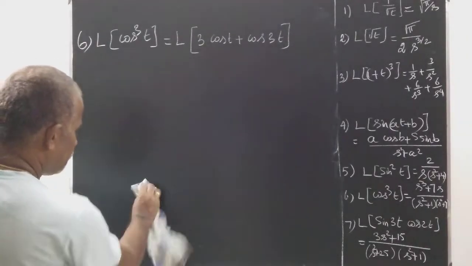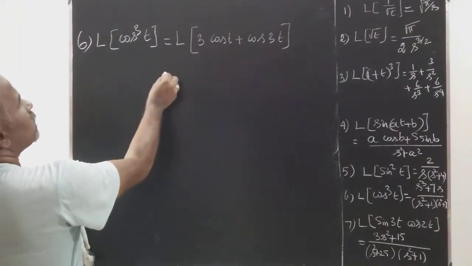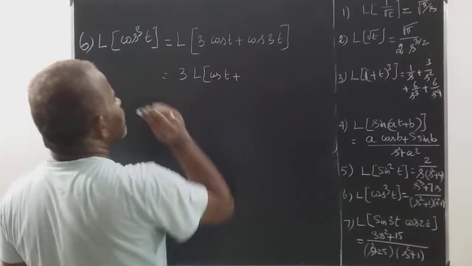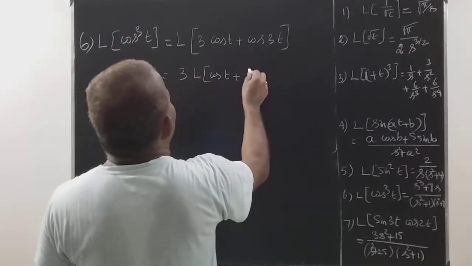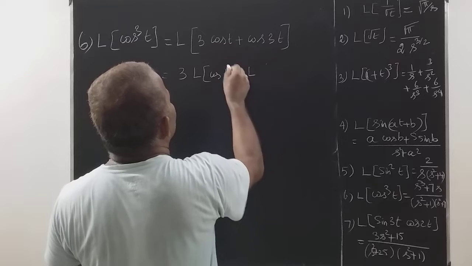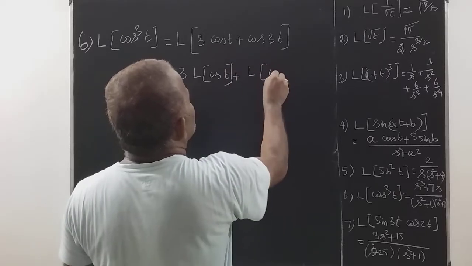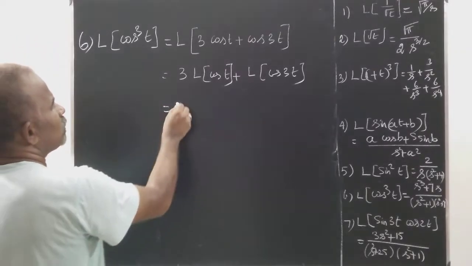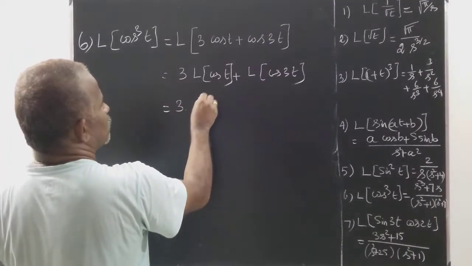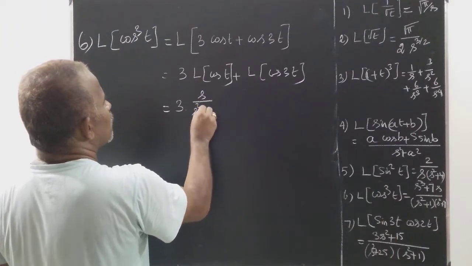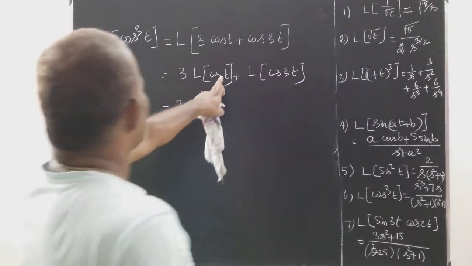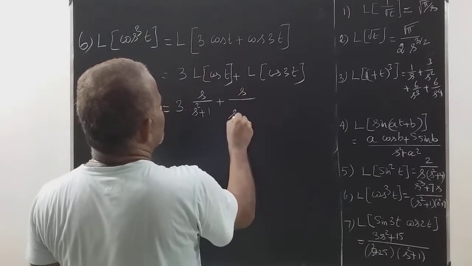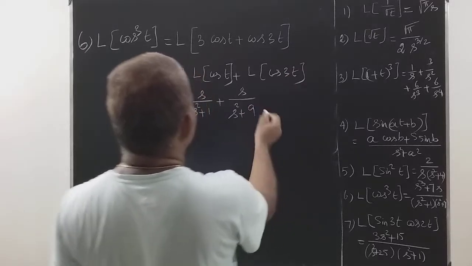So therefore, here this is equal to 3 times of L of cos t plus L of cos 3t. Okay. So this is equal to 3 times of cos t, which is s divided by s square plus 1 square, because a is equal to 1, plus here cos 3t is equal to s divided by s square plus 3 square, that is 9.